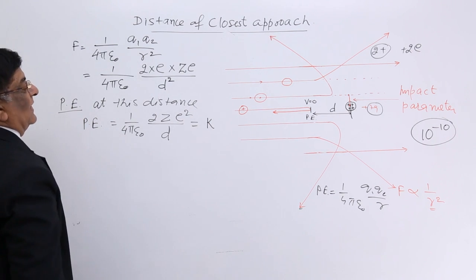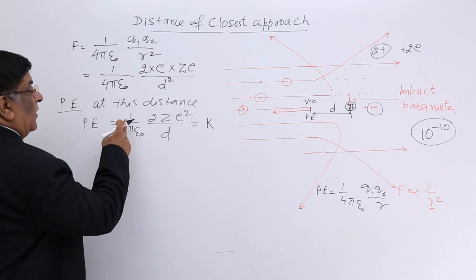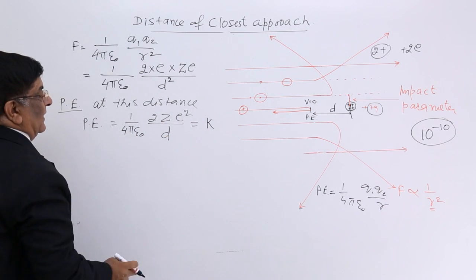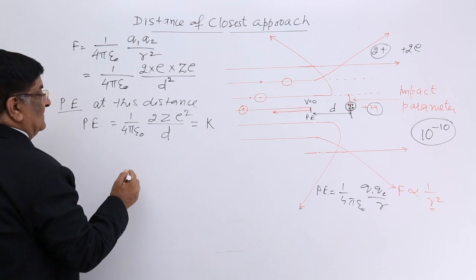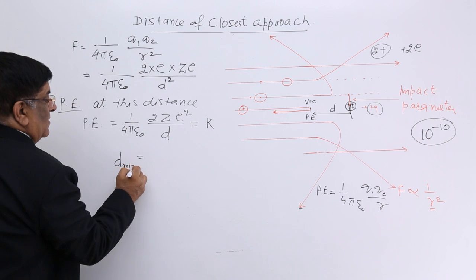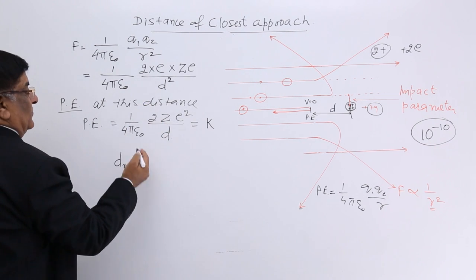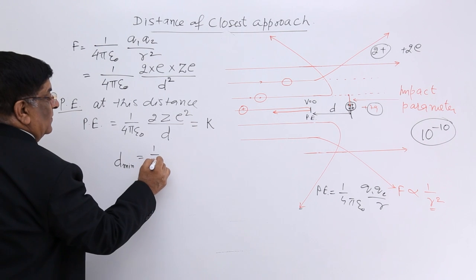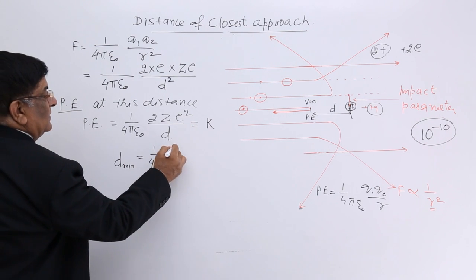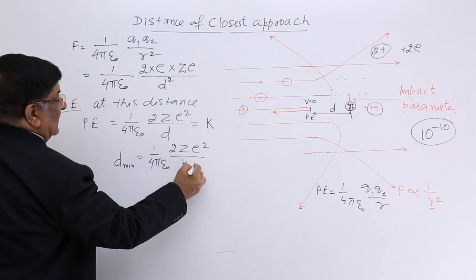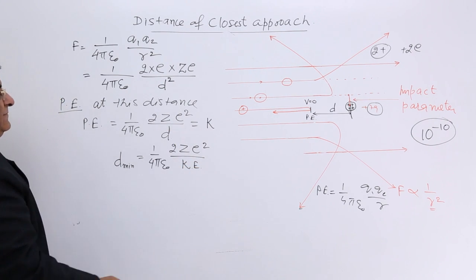K stands for kinetic energy. So now we have 1 upon 4 pi epsilon naught 2 z e square upon d is equal to K. Transfer d here. So we get this d minimum. We can write it here also. So d minimum is equal to 1 upon 4 pi epsilon naught 2 z e square upon kinetic energy of alpha particle.